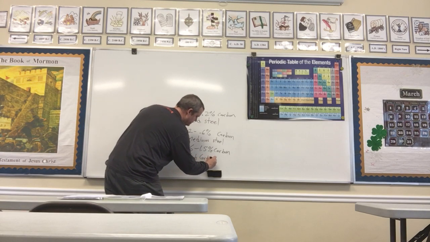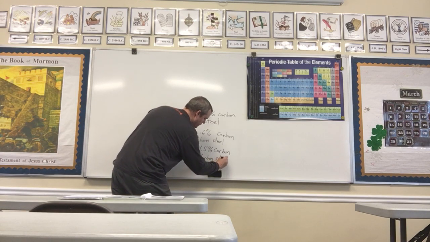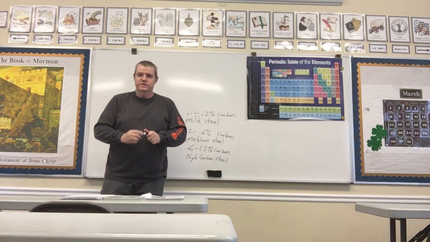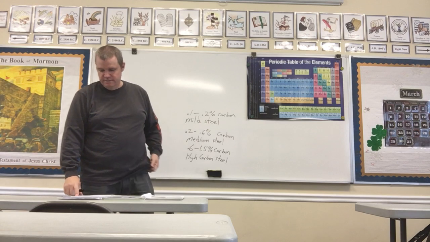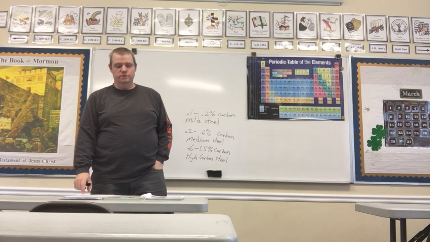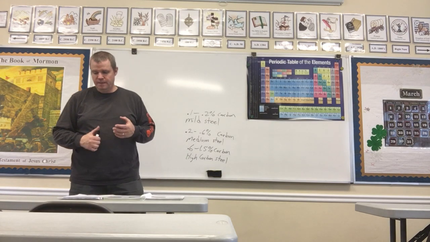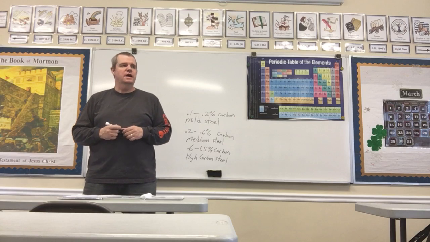Now, high carbon steel you're probably familiar with. If you've ever used knives or things like that, it's a real popular use for high carbon steel. Tools, drill bits, all of those things use high carbon steel.